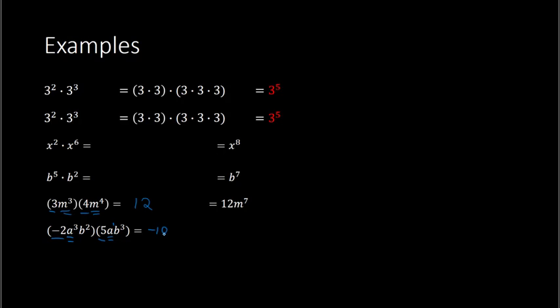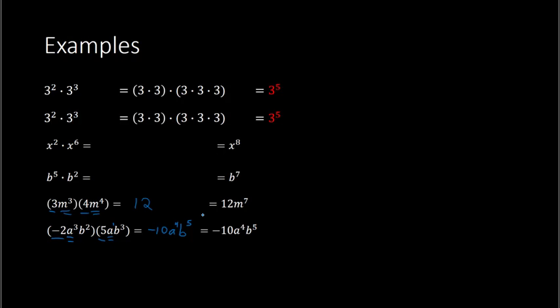So 3 a's plus 1 a gives me 4 a's. So now this is a to the 4th power. And then the b's, we have 2 b's and then 3 more b's multiplied together. We add the exponents, 2 plus 3 to get 5. So we have b to the 5th power. So my solution is negative 10 times a to the 4th power times b to the 5th power.